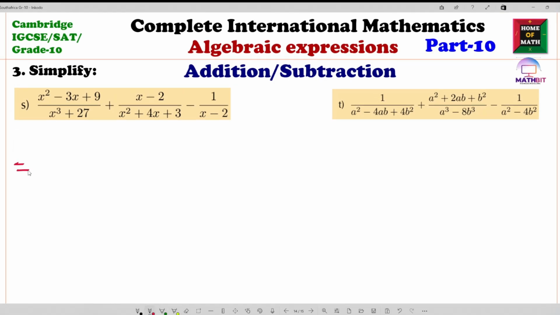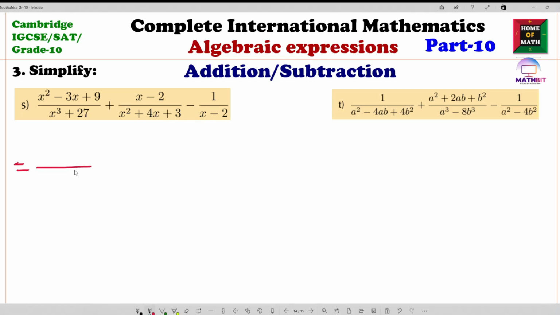Number 10 is (x square minus 3x plus 9) divided by (x cube plus 27), plus (x minus 2) divided by (x square plus 4x plus 3), minus 1 divided by (x minus 2). So we will simplify.